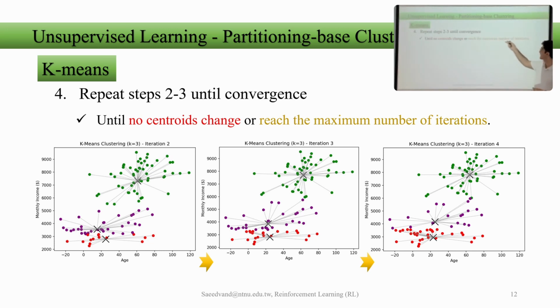Or the maximum number of iterations is reached. Why do we have both? Because maybe we have a jumping problem in the centroid. It moves a little bit and comes back, moves a little bit and comes back. That's possible. Because of that, we also need a maximum number of iterations to stop it at some point.